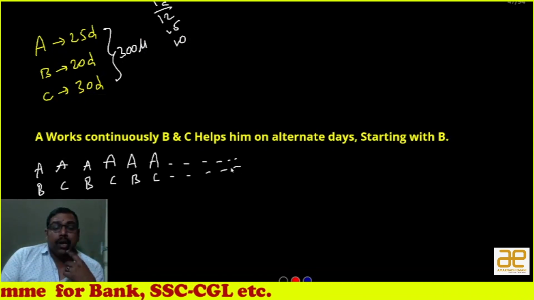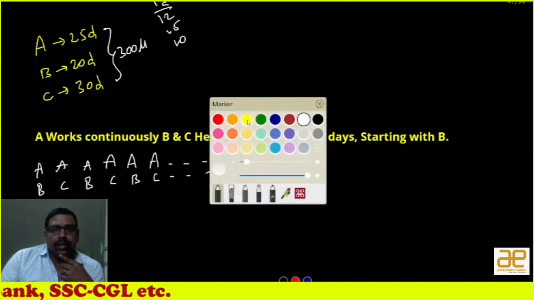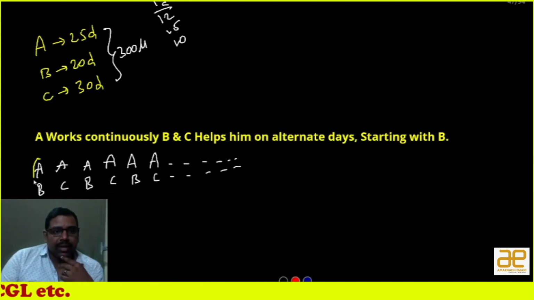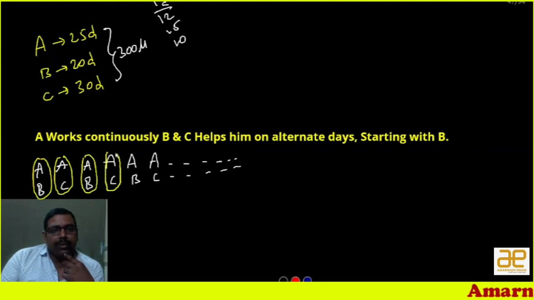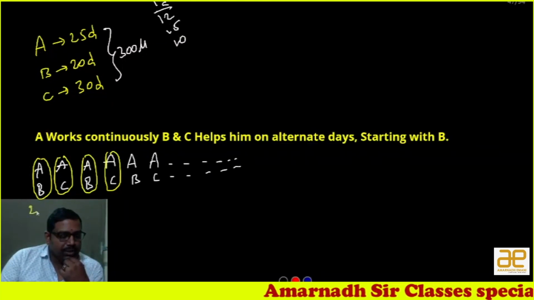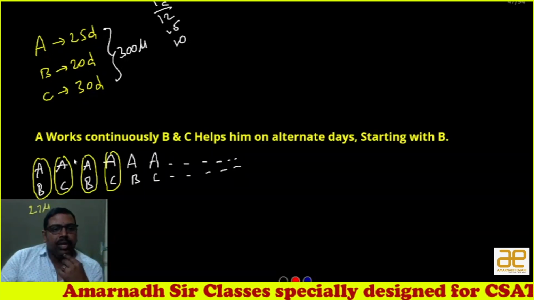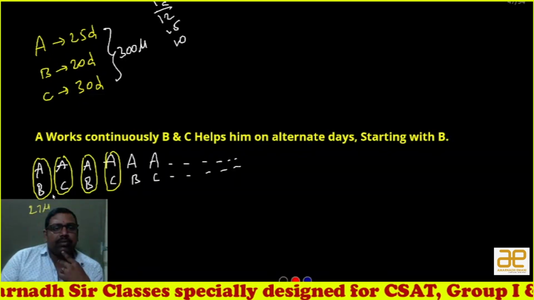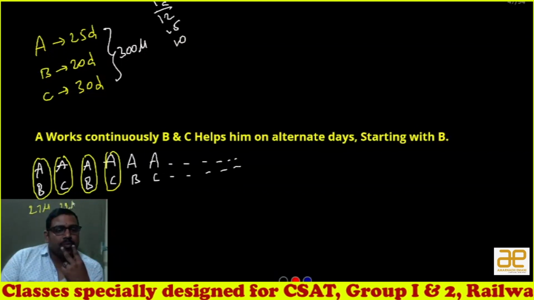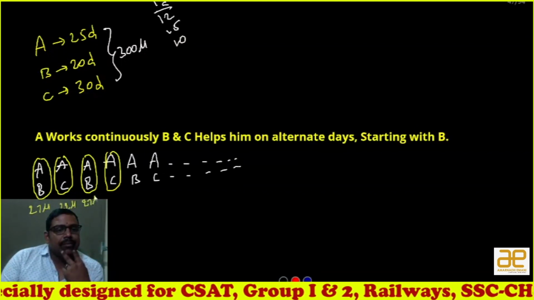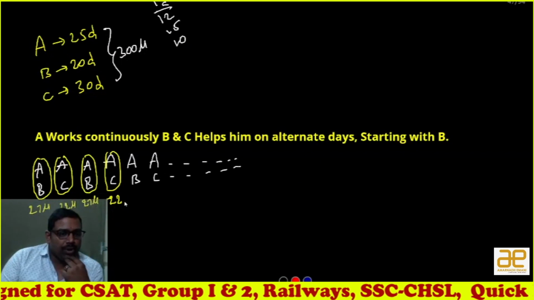This acts as one day, this acts as the second day, third day, fourth day. First day A and B worked, means 12 plus 15, 27 units. Next day A and C worked, means 12 plus 10, 22. AB 27, AC 22 and so on.